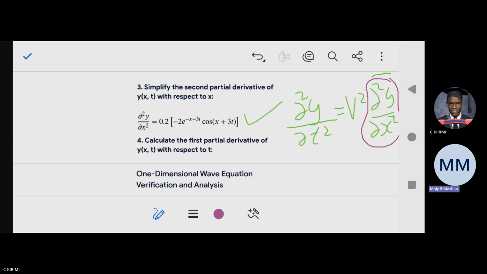After we've equated, what will be left in between should be the v. So first we have our second partial derivative with respect to x. Now we want the second partial derivative of y with respect to time.